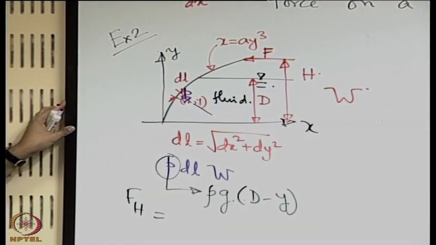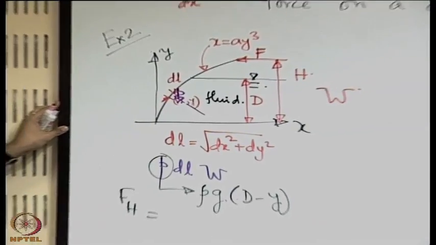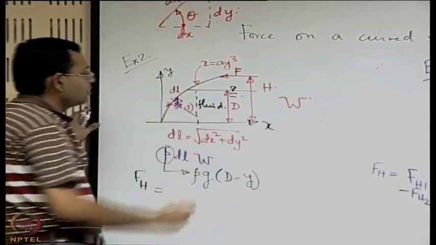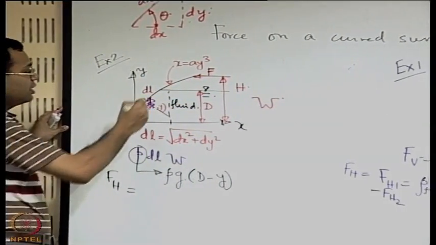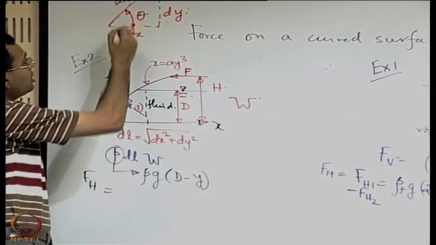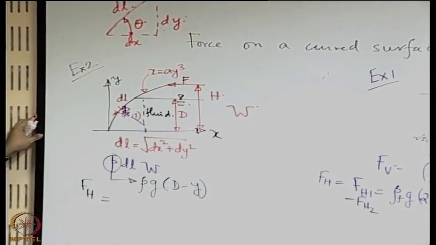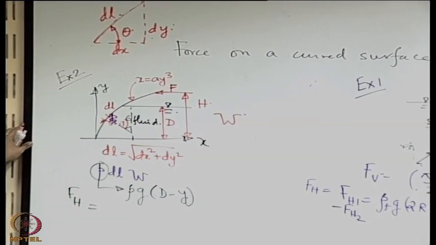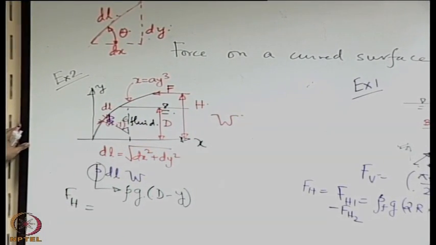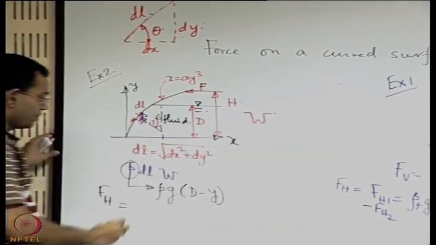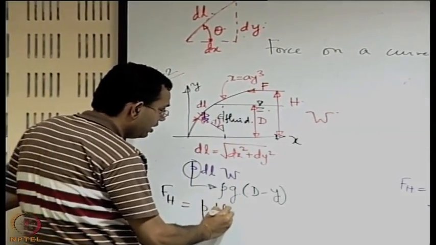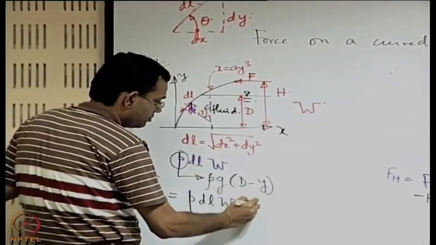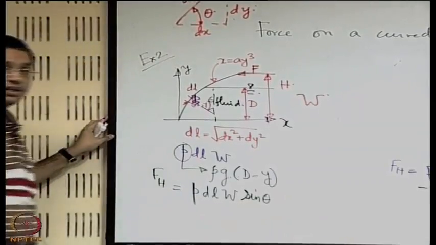Yes, so this is the resultant force. So the dl makes theta with the horizontal, so normal to the dl should make an angle theta with the vertical. So the horizontal force is P dl w into sin theta.